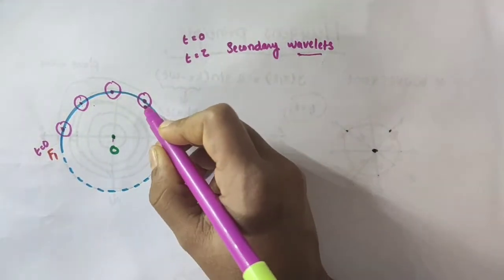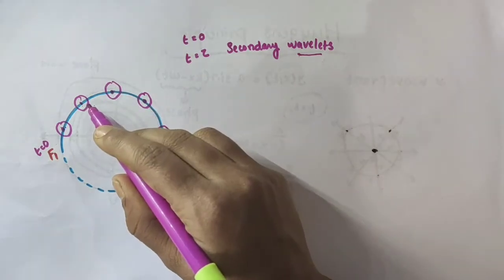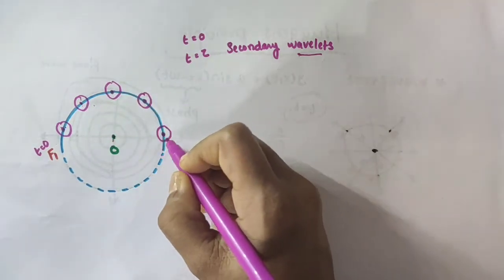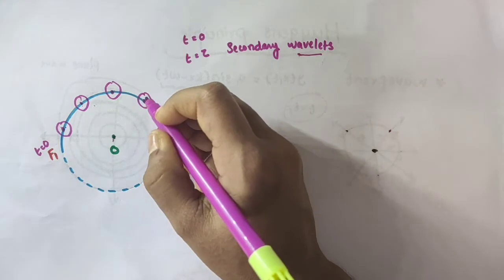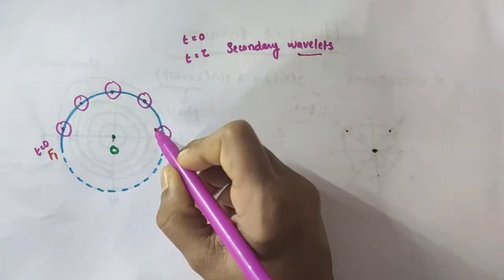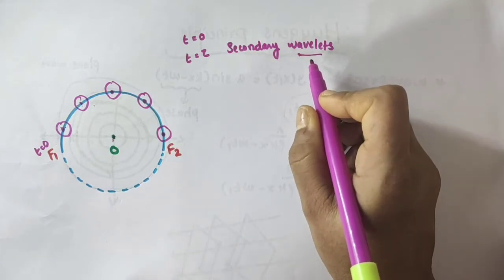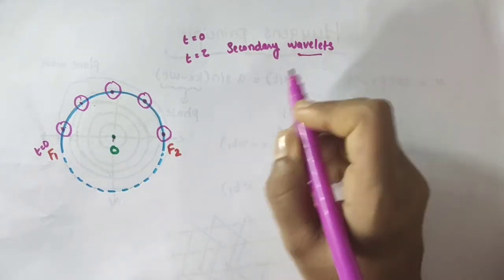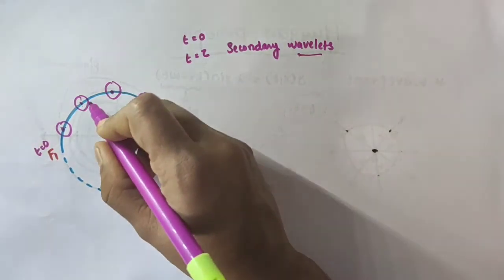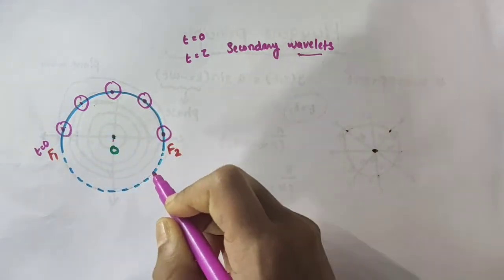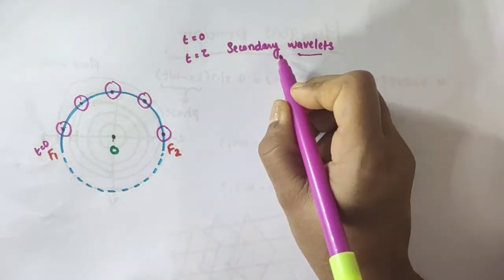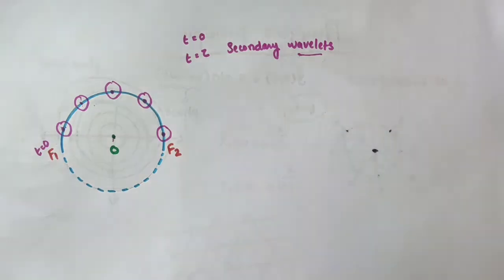That is, each point will act as a source of another wave. This will act as a source of another wave, and this will act as a source of another wave. That is called wavelets. So wavelets are the small oscillations produced by each point of the wavefront and are called secondary wavelets.